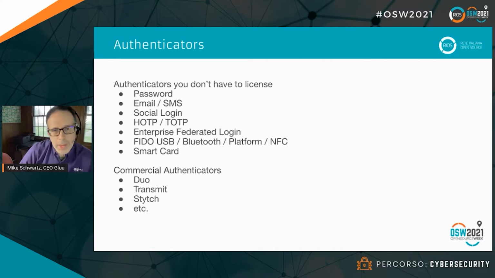So these authenticators I've been talking about are ones that you don't have to license, but there's also a bunch of authentication services out there which you can normally subscribe to on a per user per month basis.